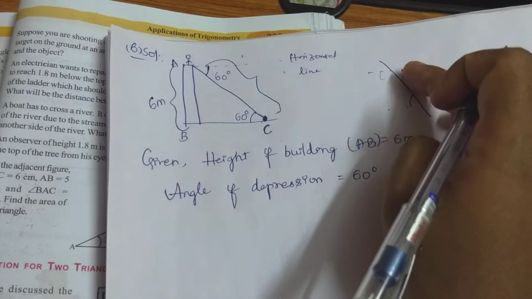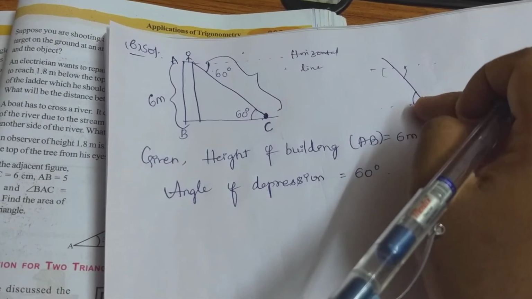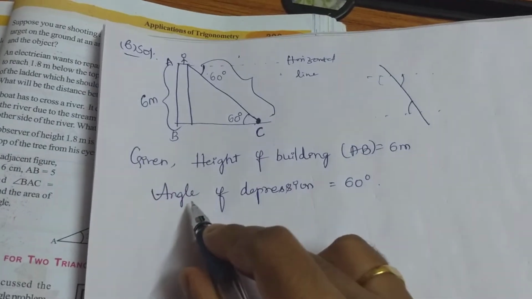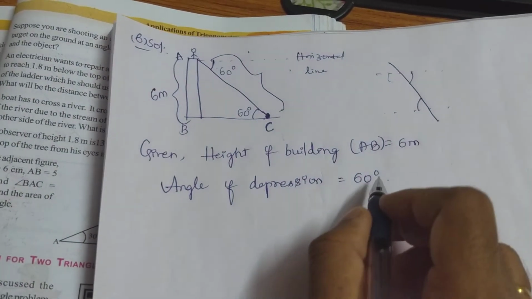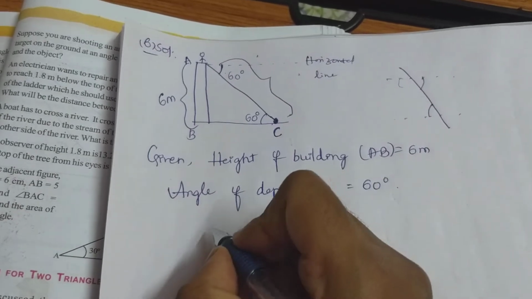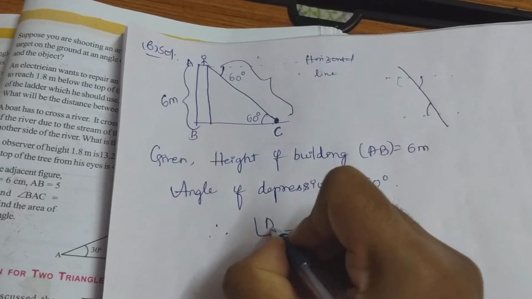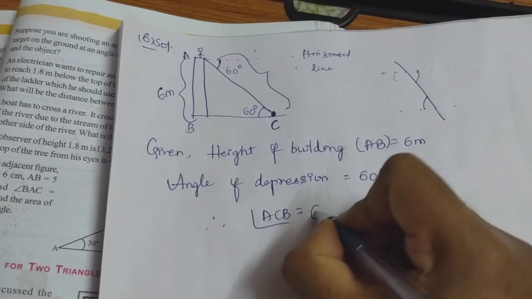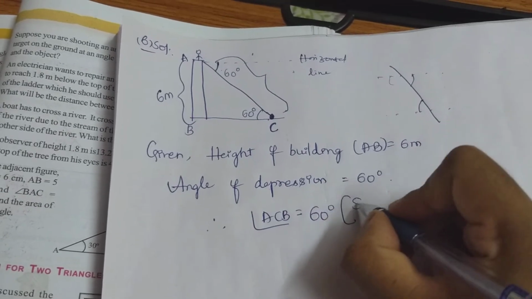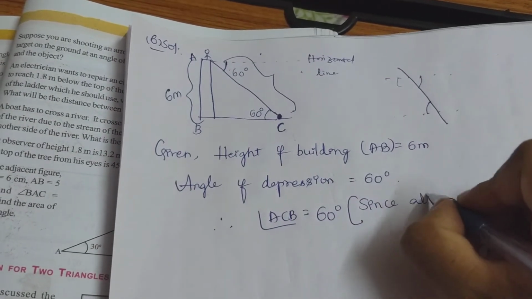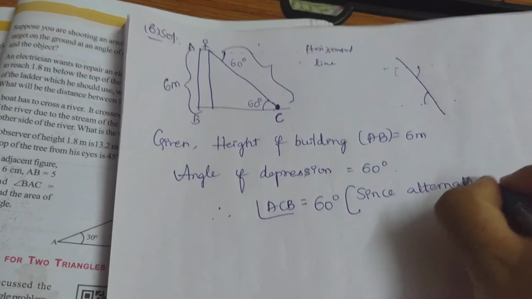So here this angle and this angle become alternate angles. They told that angle of depression is equal to 60 degrees. Therefore angle ACB equals 60 degrees, since alternate angles are equal if the two lines are parallel.